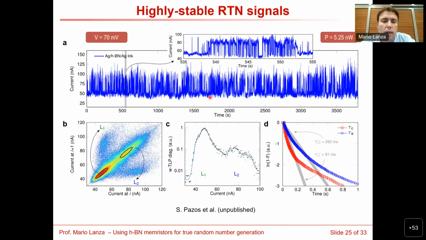So generating fluctuations between two states at this power is something low, at least for this type of signal. This type of signal is called random telegraph noise. This is when the signal fluctuates between two states randomly.